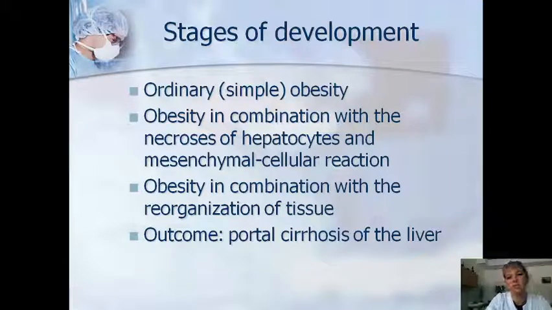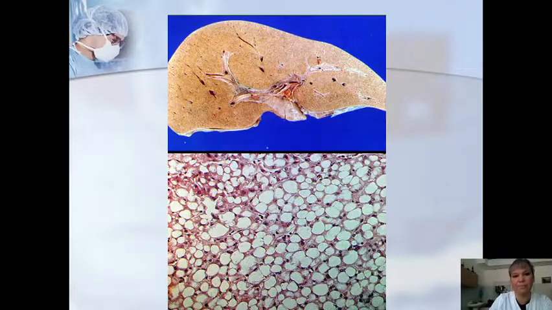What are the stages of development of chronic hepatosis? Simple obesity of the hepatocytes of the liver; obesity in combination with necrosis of hepatocytes and mesenchymal cellular reaction; and obesity in combination with reorganization of tissue, and in the outcome we see formation of portal cirrhosis in the liver.